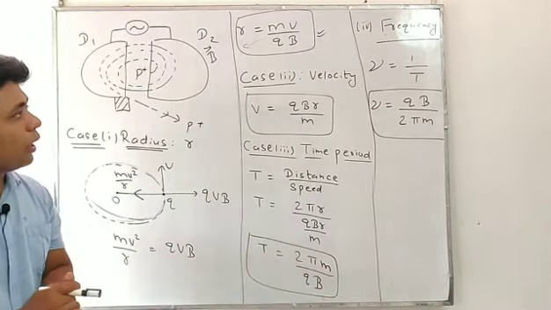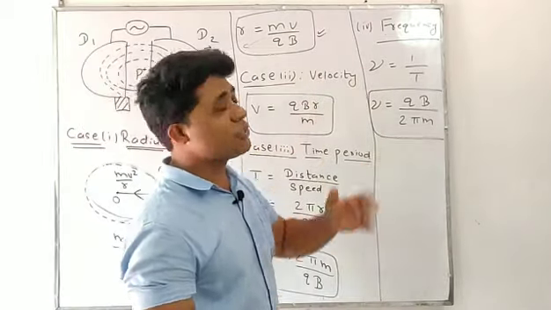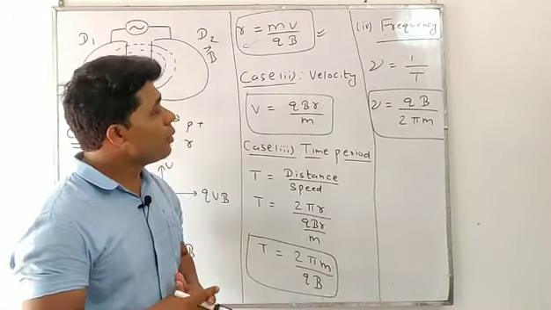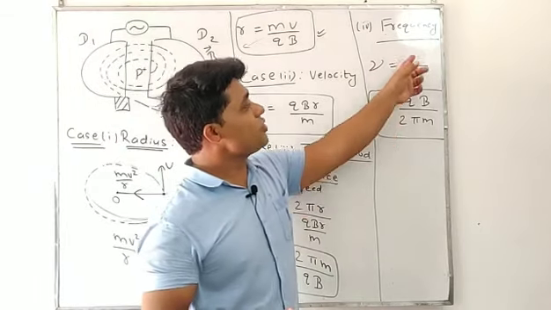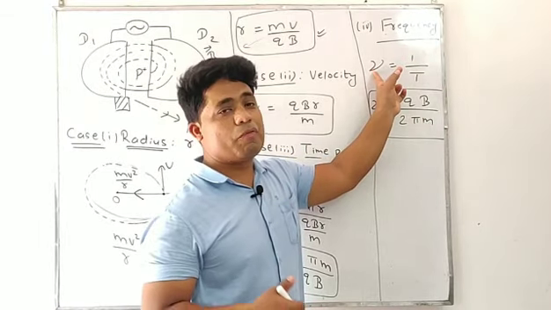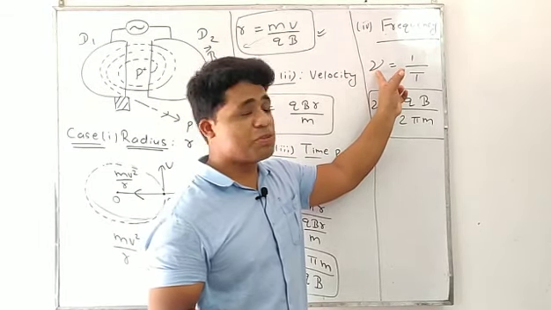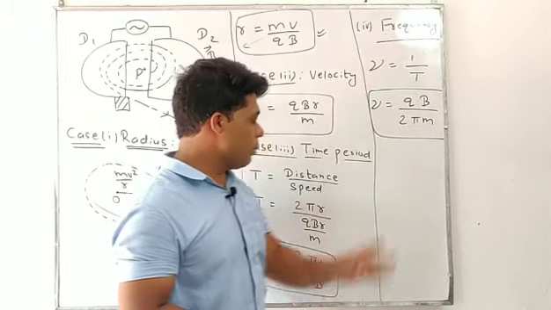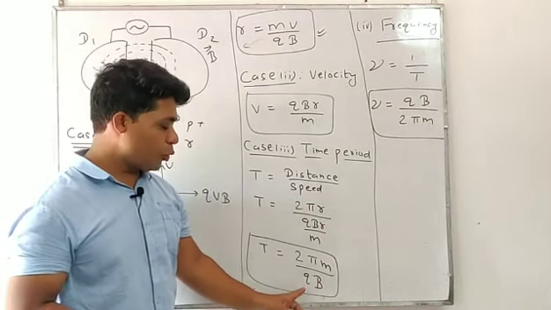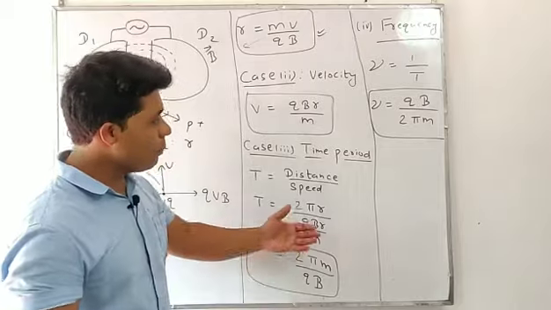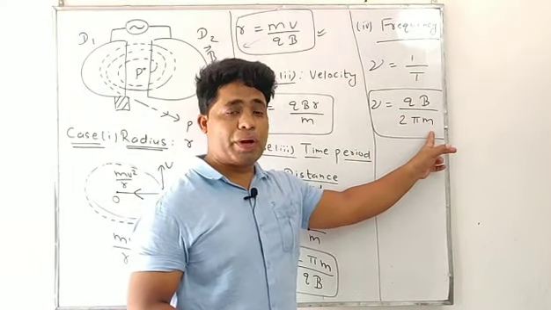Now finally we find the frequency. The mathematical formula of frequency, symbol nu, is the reciprocal of the time period. The time period is 2 pi m upon qB, so its reciprocal becomes qB upon 2 pi m.